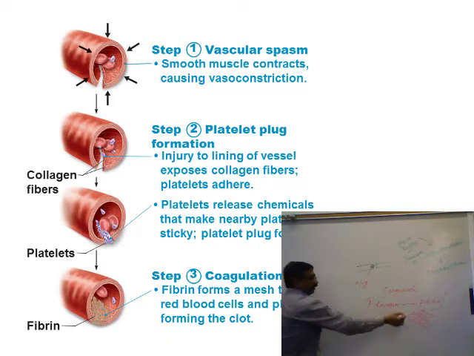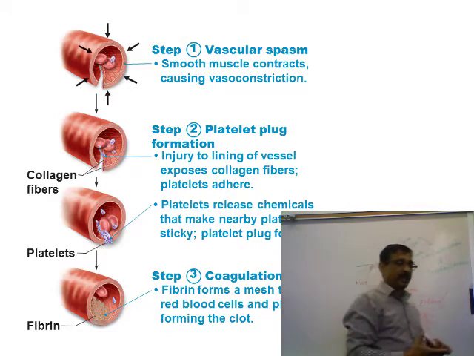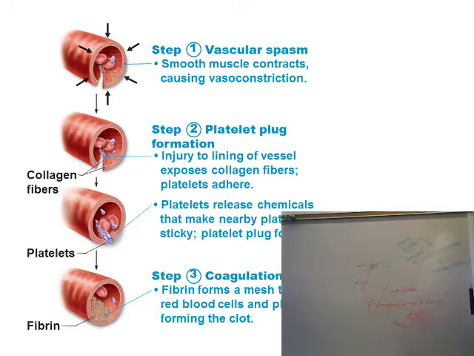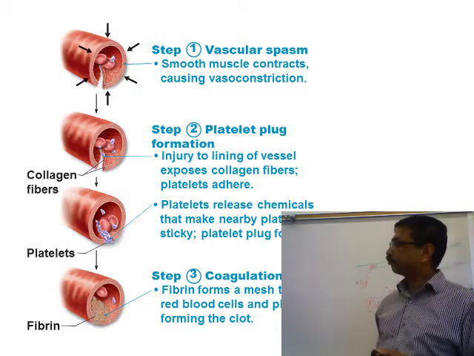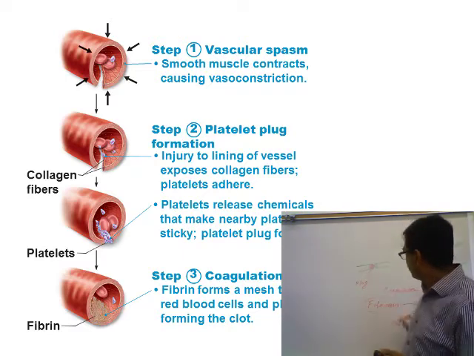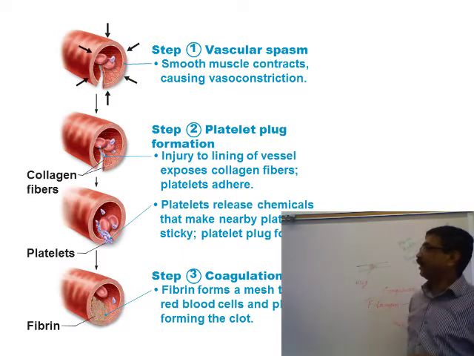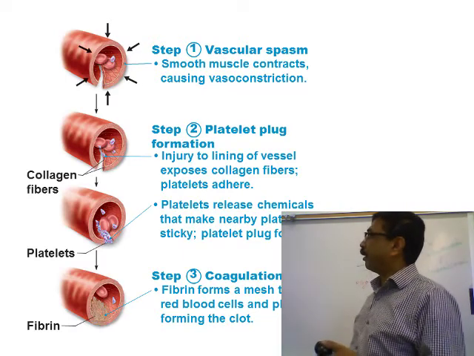And then what will happen? This mesh will cover the plug and make it strong. Okay? So that is the last step of hemostasis, or stoppage of bleeding. So the mesh stabilizes the plug.